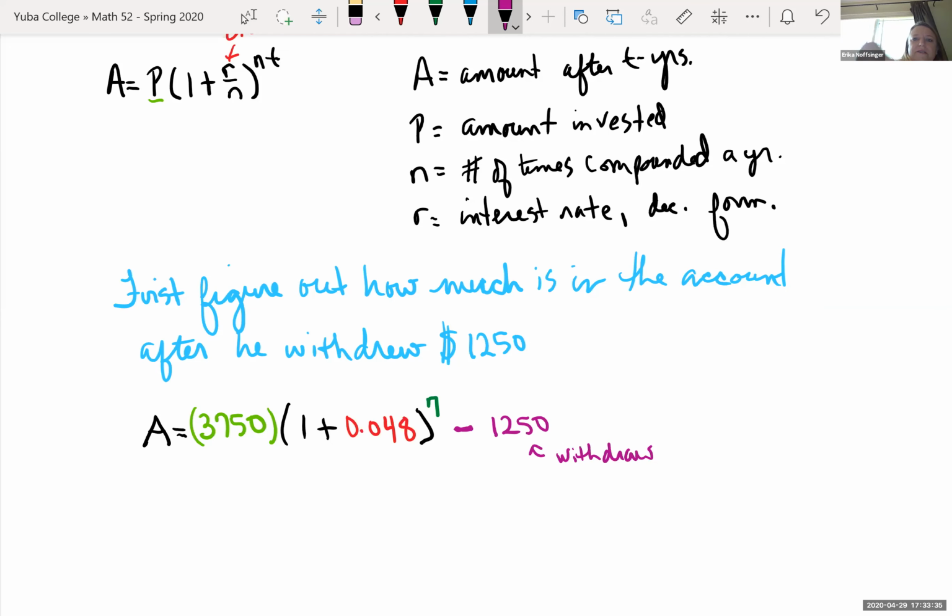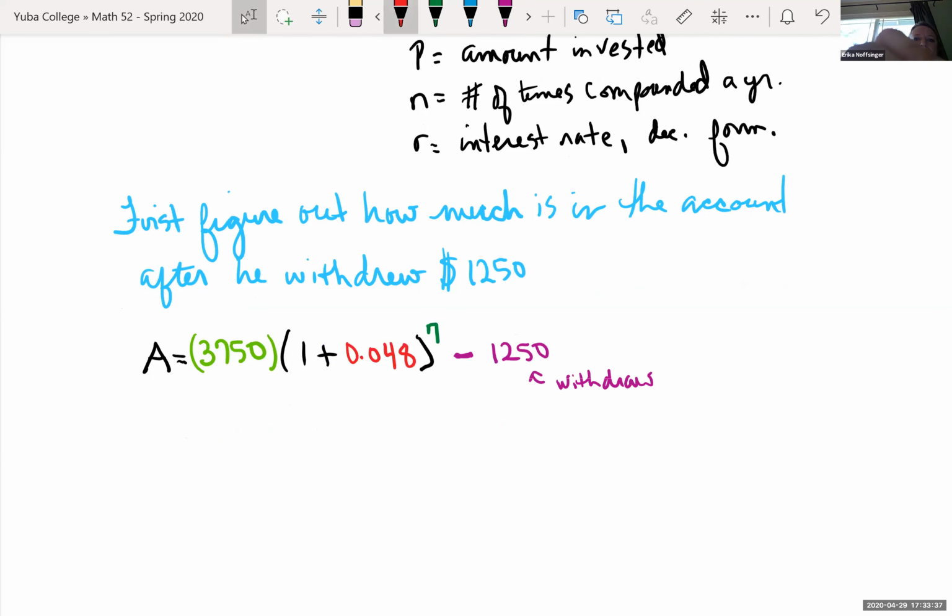Okay, so we just need to figure out what we have. So we have A is equal to, order of operations. We need to first work what's inside our parentheses before we raise it to a power and before we multiply. And so here we have 1.048. We're going to raise that to the 7th power, minus 1,250.